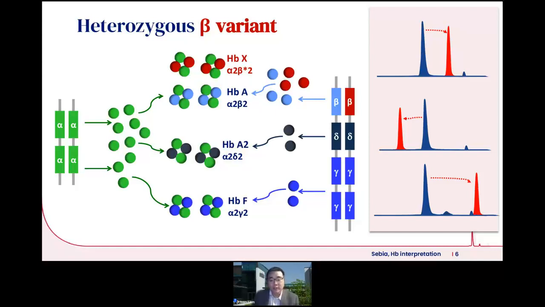However, the shifting of the direction of the peak is dependent on the nature of the mutation, because different mutations will present a different chemical change, leading to shifting of the hemoglobin X, the variant peak, in either direction possible. Right? So you could see on the right all the possibilities of a hemoglobin beta variant.